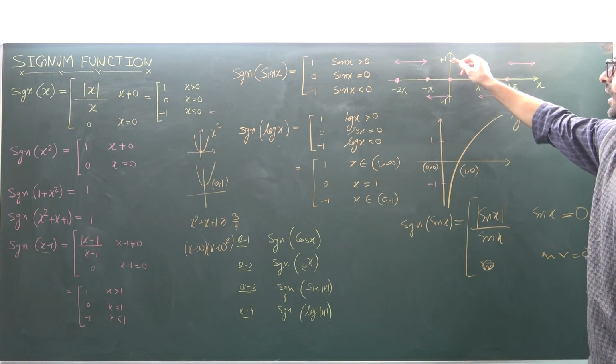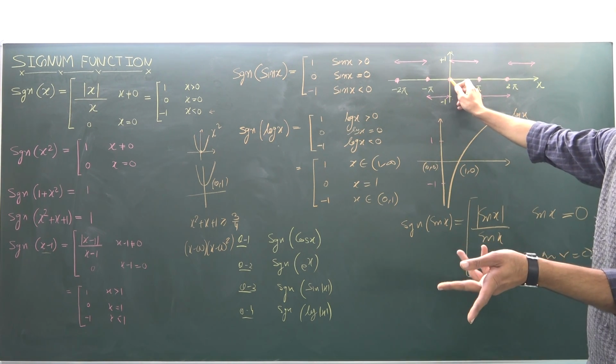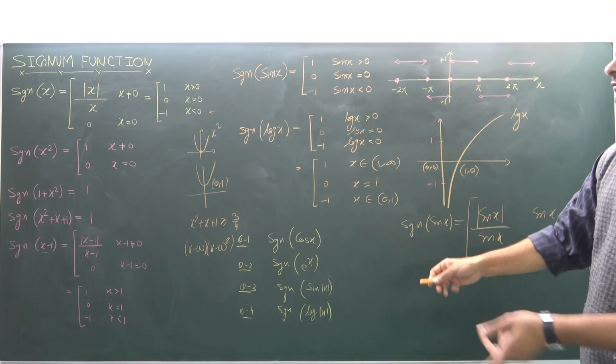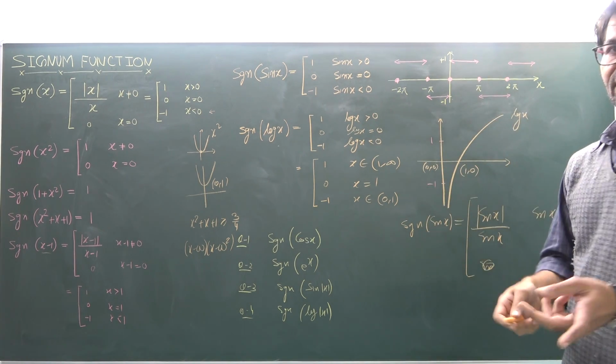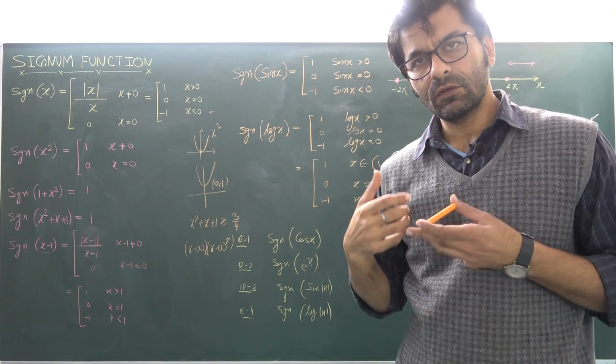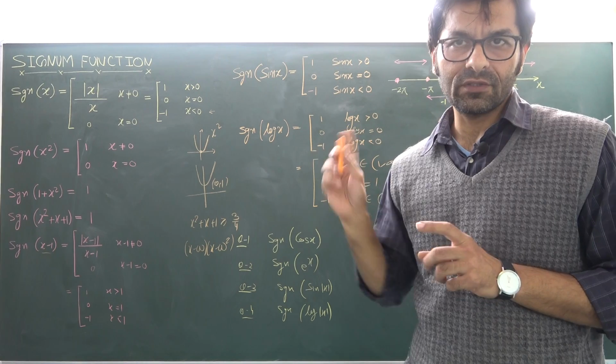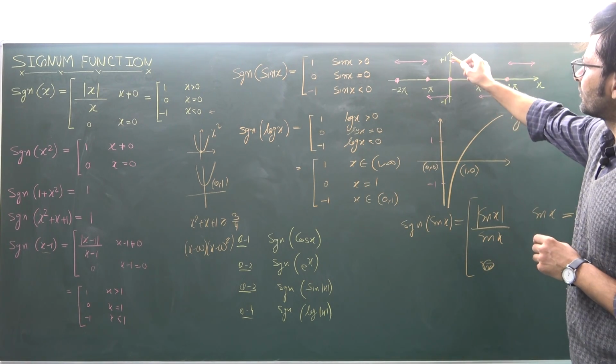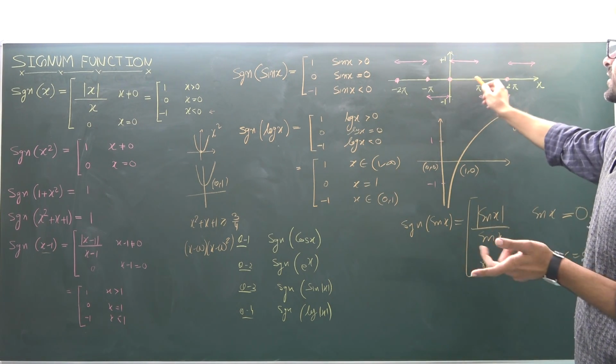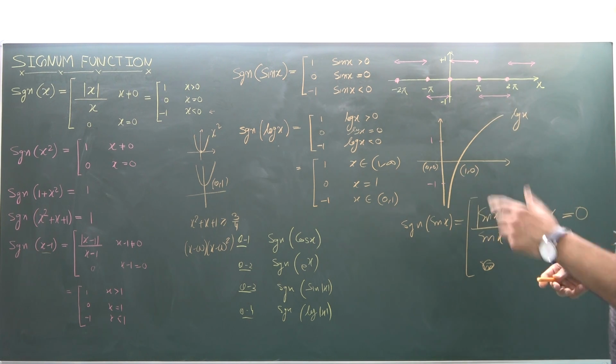I represent the selected value and the refused one with arrows: whenever you want to exclude values, I don't use an empty circle, I use arrows. So arrows mean refusal.